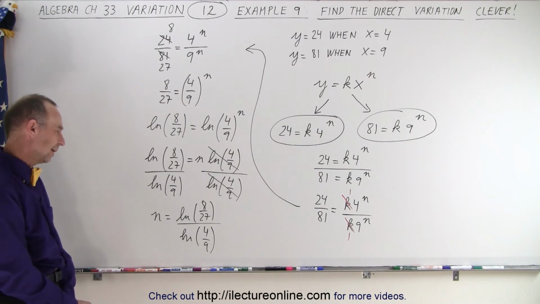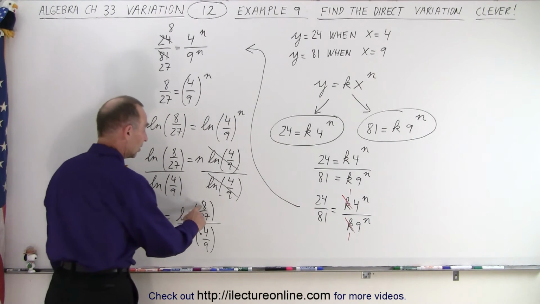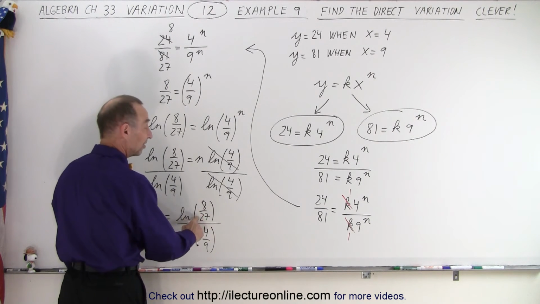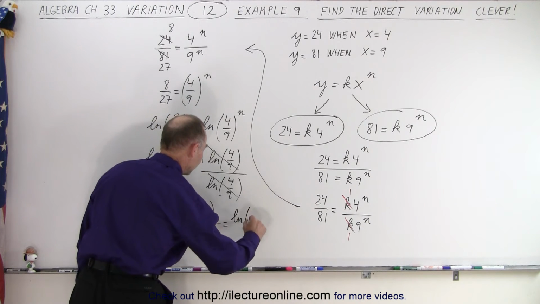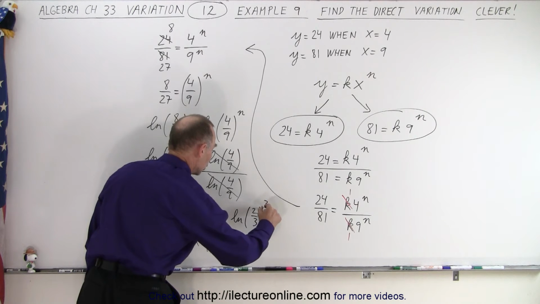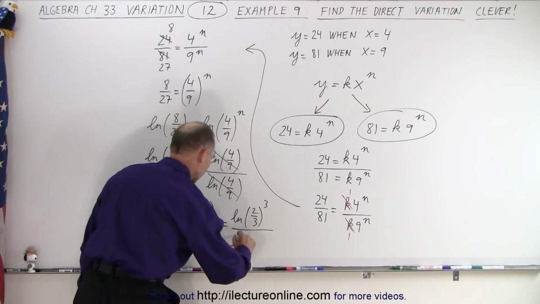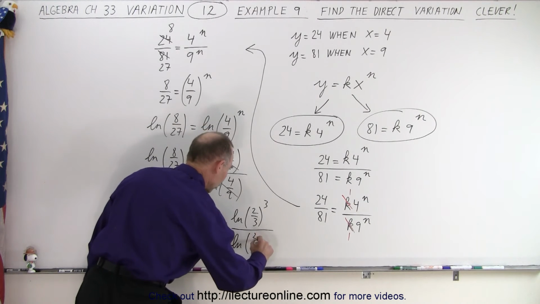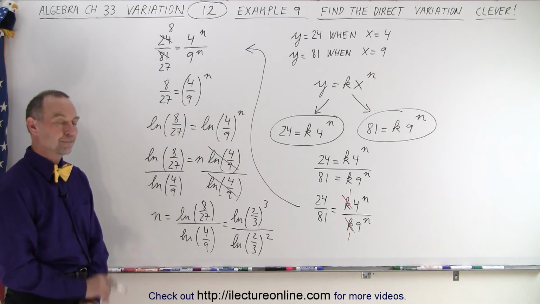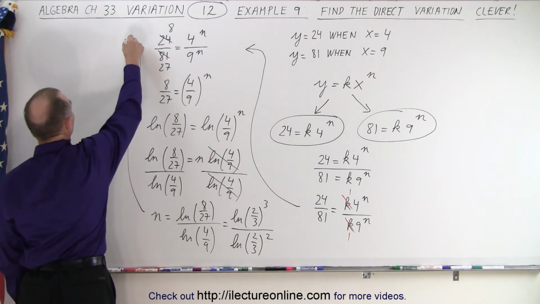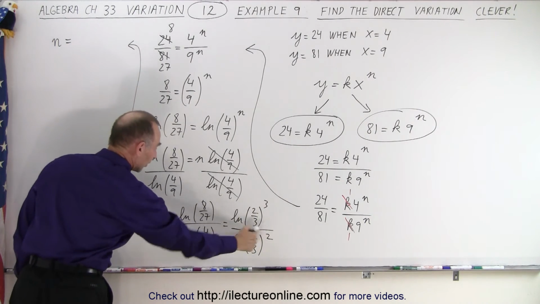At this point, you might think, whoa, what should I do now? But notice that 8 is 2 cubed and 27 is 3 cubed. So this can be written as the natural log of 2 over 3 quantity cubed, divided by the natural log of 2 over 3 squared. Now I can bring the 3 to the front and the 2 to the front.